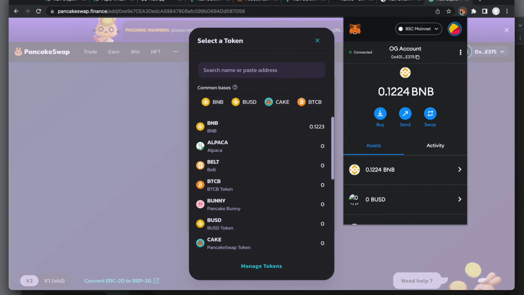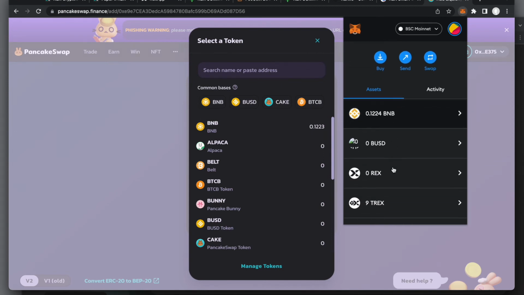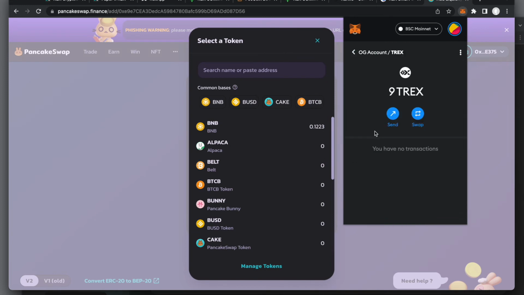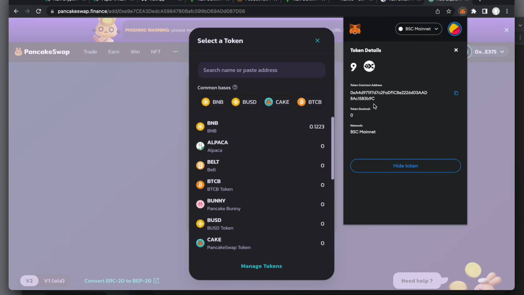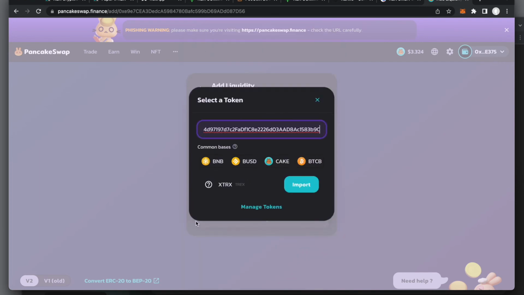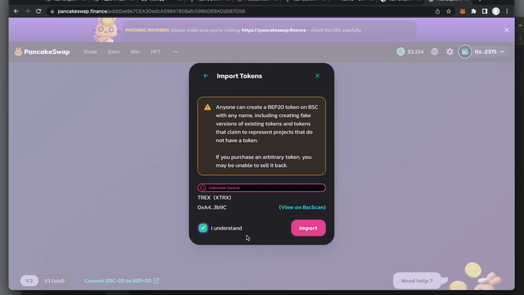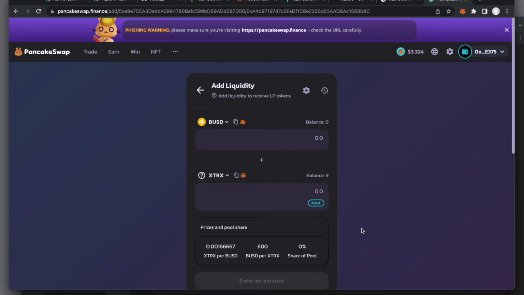There's a few ways you can find the TREX token address. The easy way for me is just to go to my wallet, look at the token details, and get that token address straight from my wallet. If I paste that in, it does know that it's TREX, so I'm going to import that. Have to understand that that's risky because anybody can make a token. But here you can see that the TREX ticker address is XTRX, so that is correct.